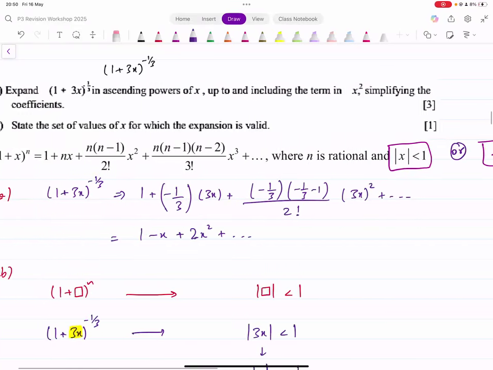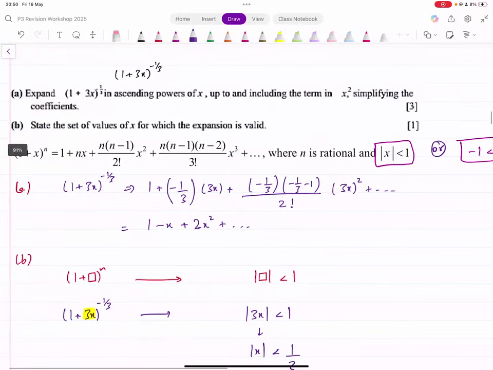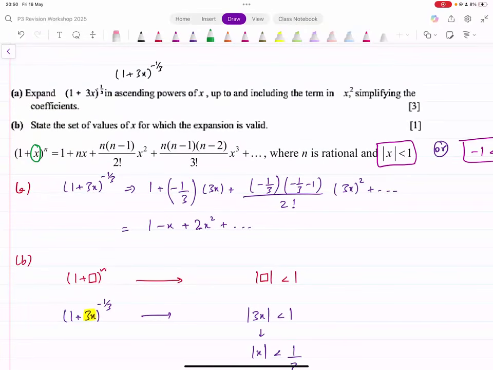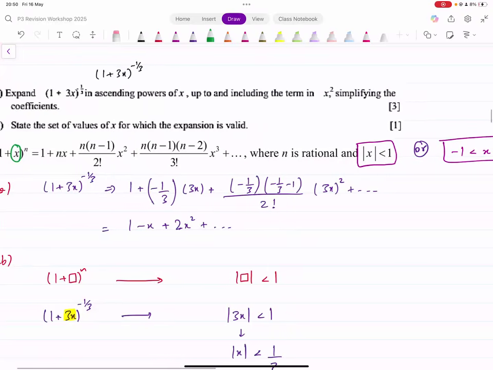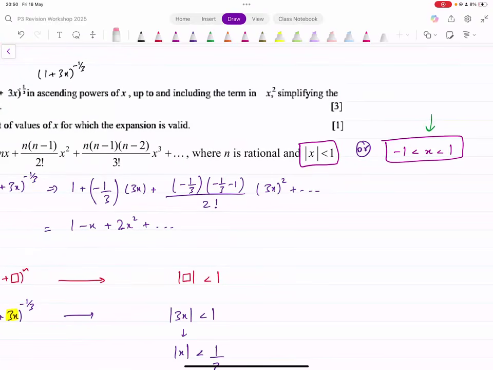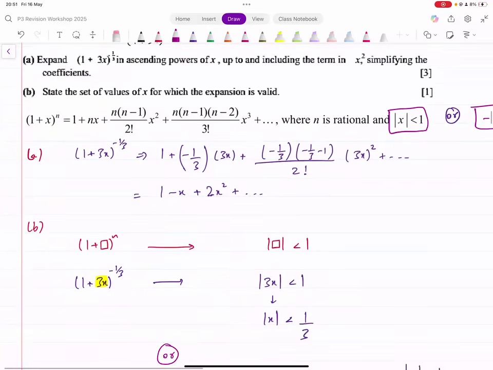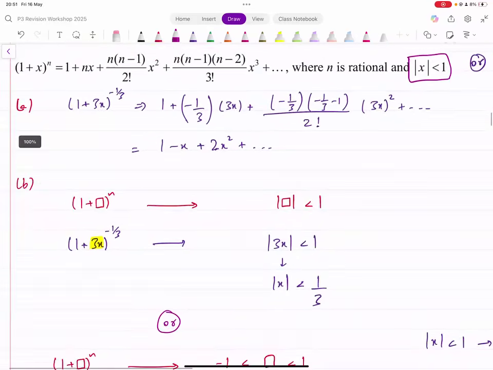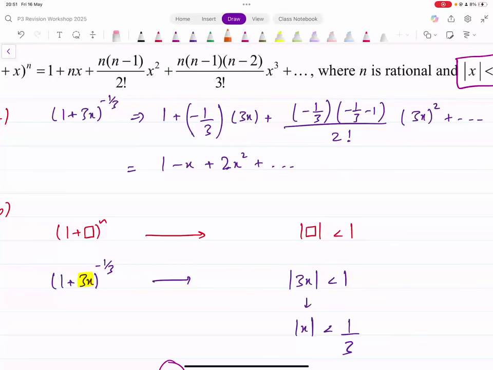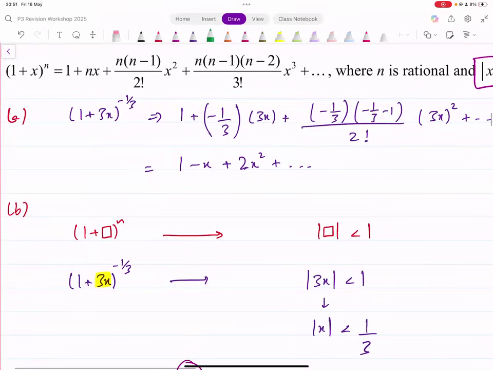What that means is, when you're using this formula, whatever you have in place of x, this thing has to be between minus 1 and 1. Only then the formula would work. Otherwise, this formula would not work. So when you're doing this expansion, (1 plus 3x) whole raised to power minus 1 over 3, what do we have in place of x here?